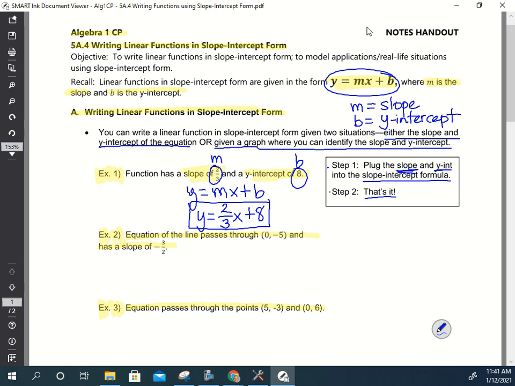So example 2. The equation of the line passes through (0, -5) and has a slope of -3/2. So example 2 is a little bit different than example 1. You have a point, and you have the slope.